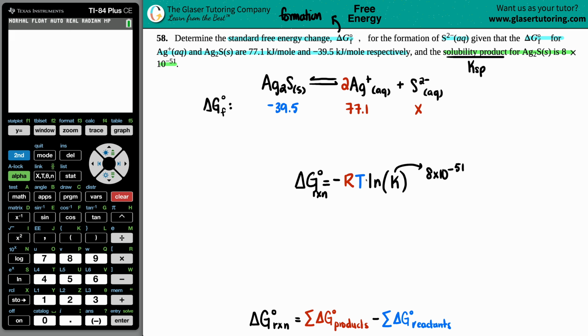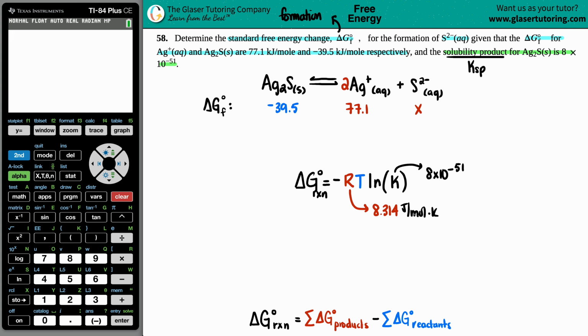Do we know any of the other values? Well, we always know what R is, right? If we're using energy values, which Gibbs free energy is, that's an energy value. This is 8.314, units joules per mole times Kelvin. So when I do find my delta G, it's going to be in joules, and the temperature has to be in Kelvin.